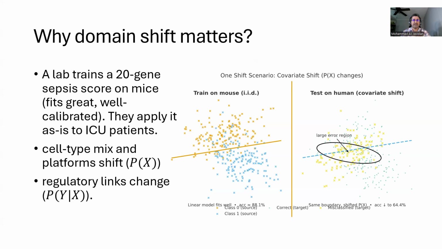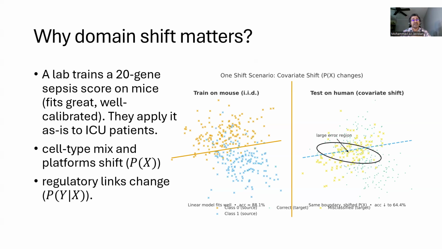Please look at the figure. In the left panel, on most data, the learned boundary fits well, about 88% accuracy. On the other hand, in the right panel, on human data with covariate shift, the feature distribution moves.